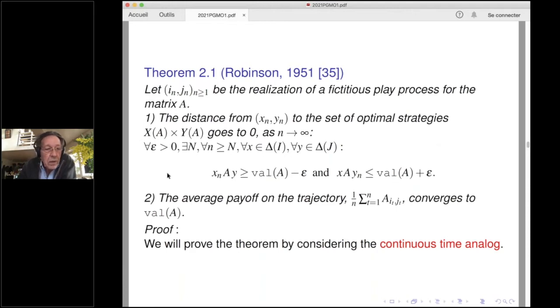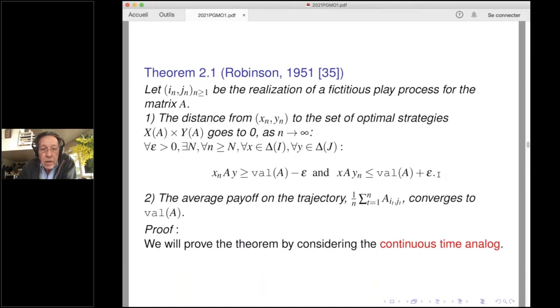So explicitly, it means that for every epsilon, there exists a large number of stages, such that if you look at some stage after n, okay, then you are close to the set of optimal strategies, meaning that xn A y is greater than the value up to some epsilon, and y A xn is smaller than the value up to some epsilon.